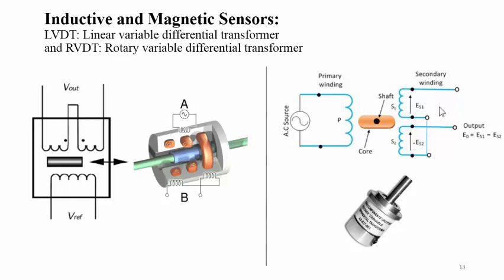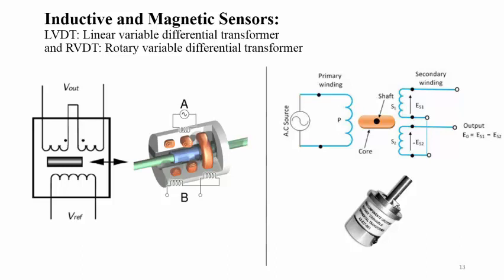So here, depending on the rotation of the ferromagnet rotor, we are getting the change in the output voltage in the S1 winding and S2 winding. For the output voltage from the secondary winding, we can write E0 is equal to ES1 minus ES2.